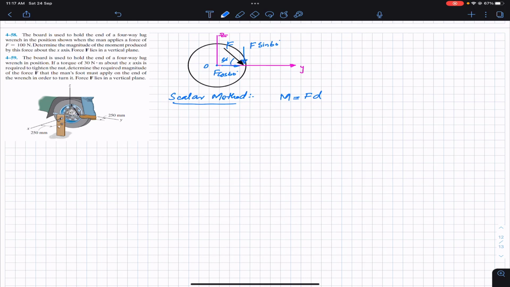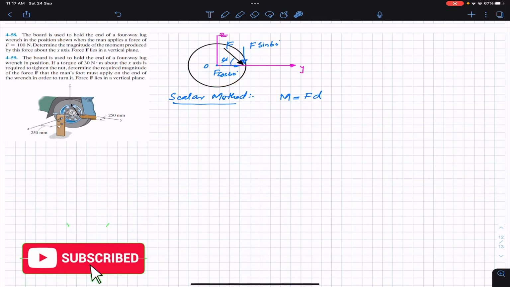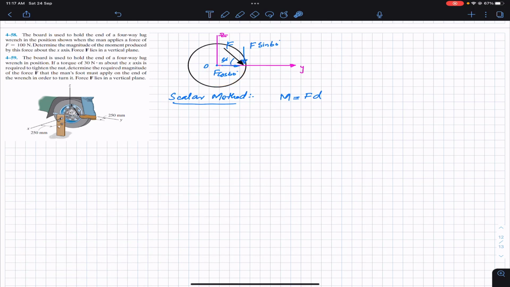By using Varignon's theorem, as we can see, this cos component is passing through that point O or the x-axis. So this component is not going to produce the moment about the x-axis. Or in other words, the perpendicular distance of this cos component from the point O or the x-axis is 0.